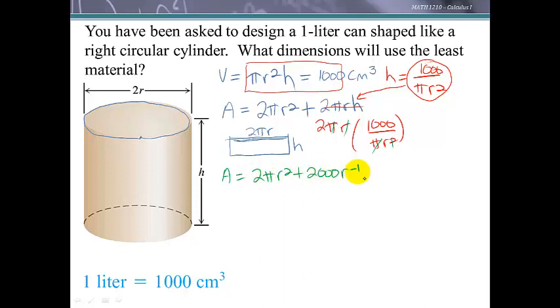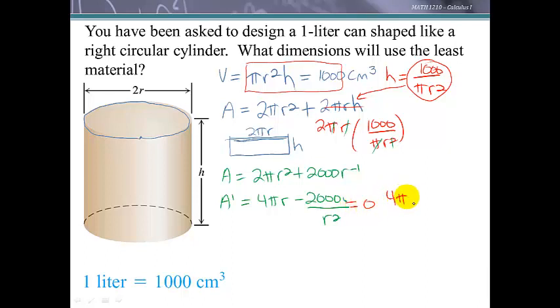We're going to write that as 2,000 r to the minus 1 because we are interested in finding critical numbers or critical points, and so that will be taking the derivative and setting it equal to 0. So 2 pi is a constant, power out in front, that's 4 pi r, decrease the power by 1. Power rule on this next one as well, power out in front, decrease the power by 1. It's going to be r to the negative 2, so we'll put it down here in the denominator. We would like to know when this equals 0.